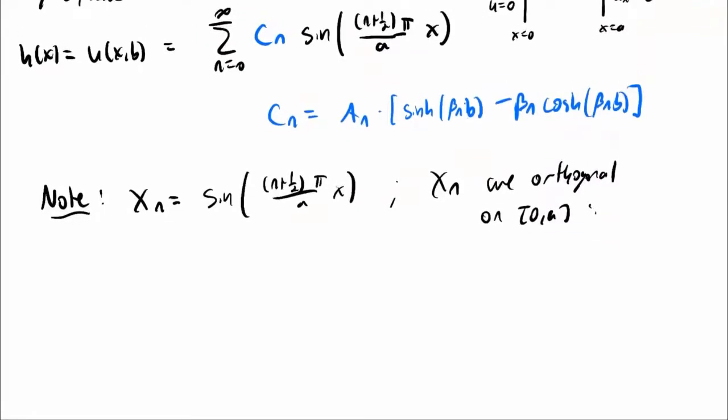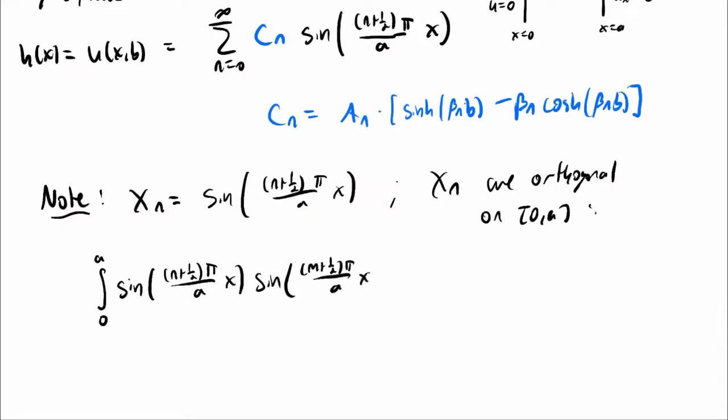If I take the integral between 0 and a of one of these times another, let's say n and m, this is essentially the inner product of these two functions.